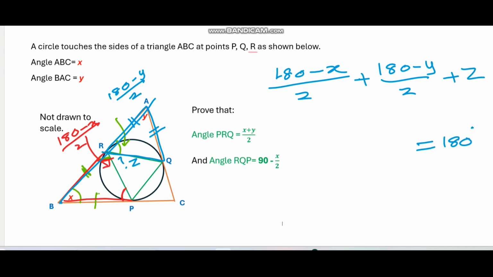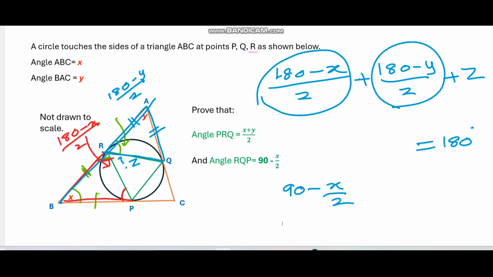So let's simplify this. This is 90 minus x over 2. This is 90 minus y over 2, plus z is 180. So this 90 and this 90 will add up to 180. There's 180 on the other side also.